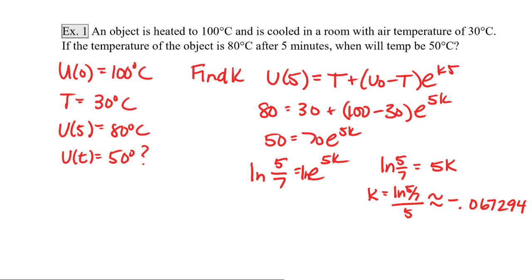Usually I like to keep k in terms of a natural log, but that's kind of an awkward number to keep writing, so I'm going to go ahead and use a decimal approximation, but I want to go out a lot of decimal places so that I don't have round off error.